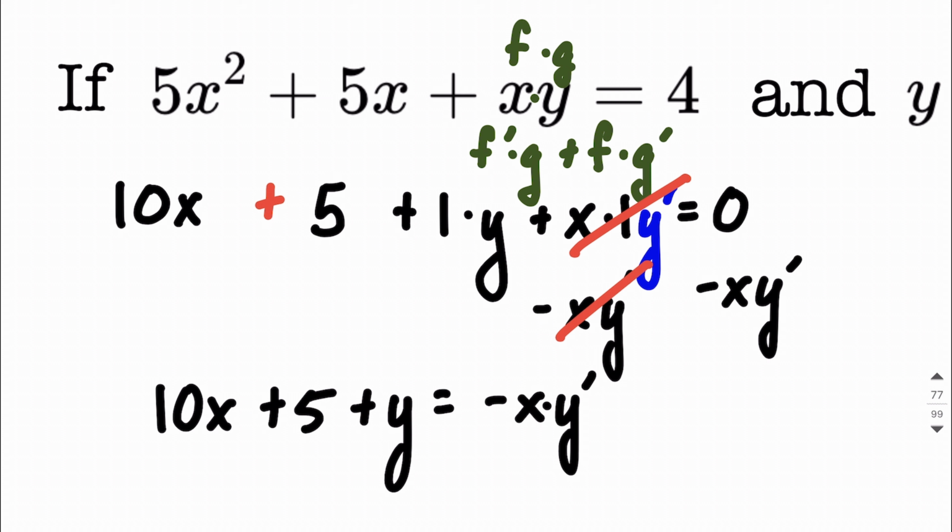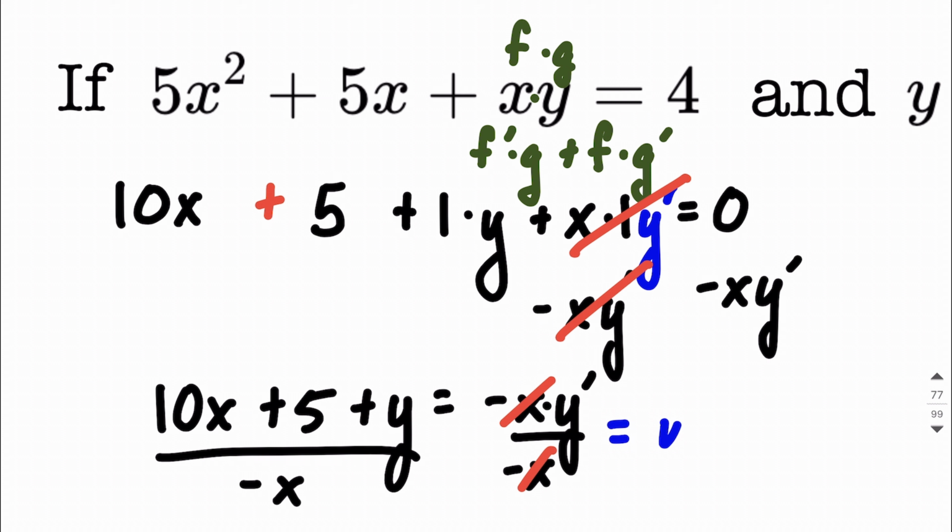It's connected with multiplication out in front of the y prime, so we can divide each side by negative x. You can either do it to the entire side or to every single individual term on the left-hand side if you so choose. So these eliminate each other, and we get y prime on one side by itself.